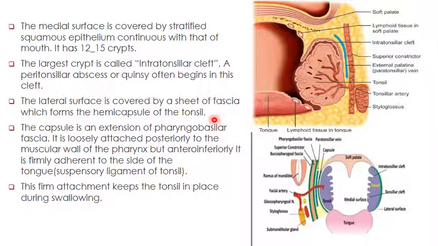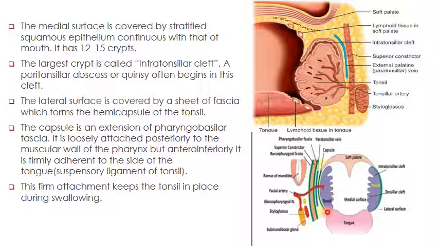Now the lateral surface is covered by a sheet of fascia which forms the hemicapsule of the tonsil. In this coronal section you can see the lateral surface of the palatine tonsil which is covered by a hemicapsule. And why is it so called? Because it only covers the lateral surface of the palatine tonsil.